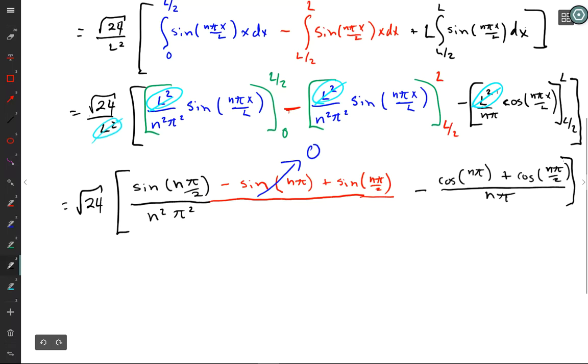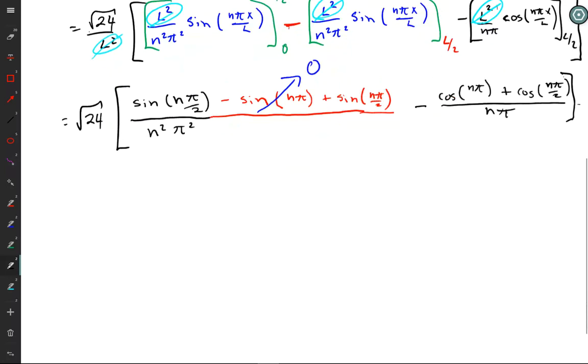So cosine of n pi over 2, it depends on n. If n is an odd number, it's 0. If n is an even number, it's going to be minus 1 or plus 1. The first one is going to be plus or minus 1.